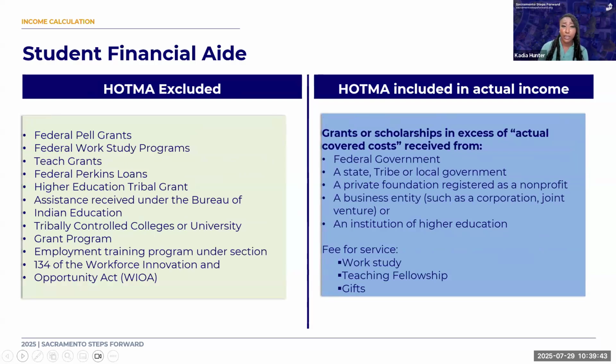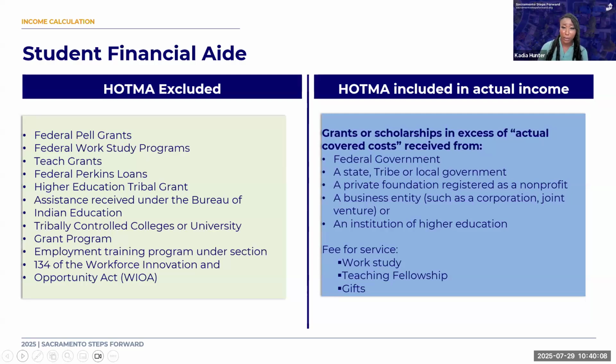Now, included are grants or scholarships exceeding actual covered costs from federal, state, tribal, local governments, private foundations, registered nonprofits, businesses, or higher education. This ensures aid helps with education without inflating income unnecessarily.